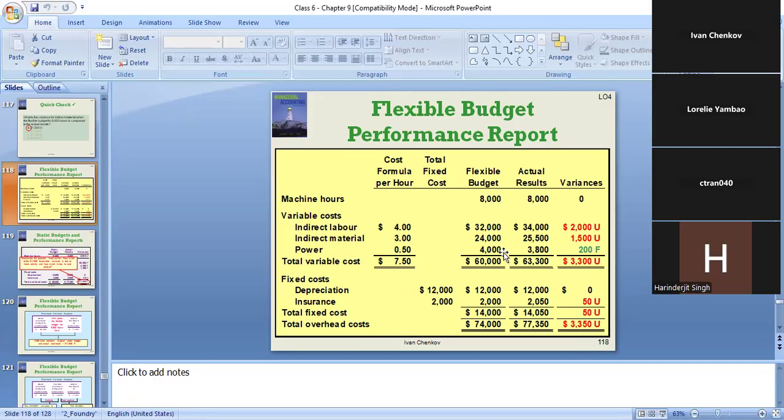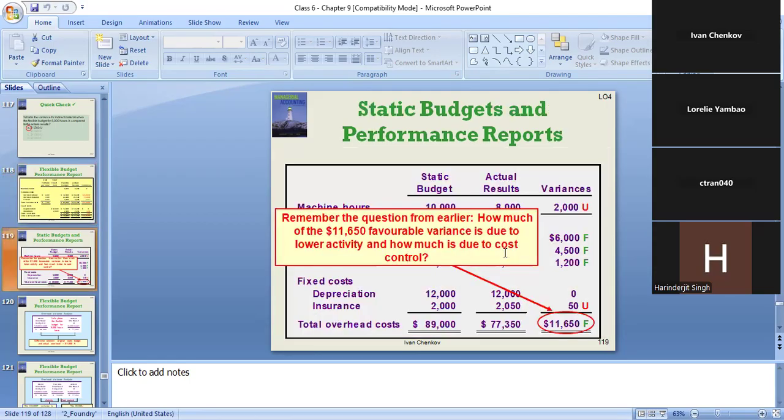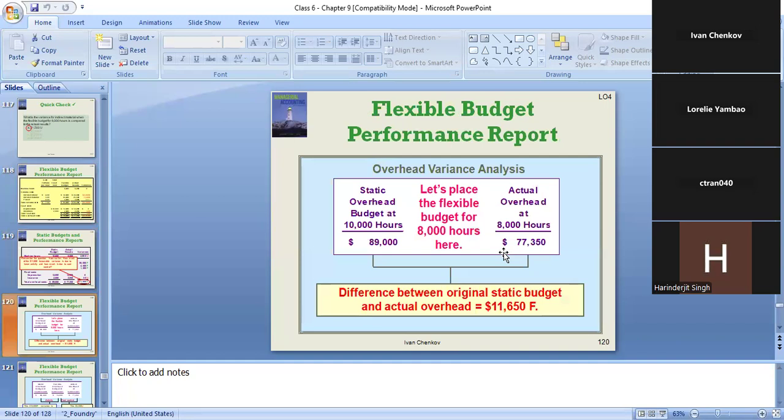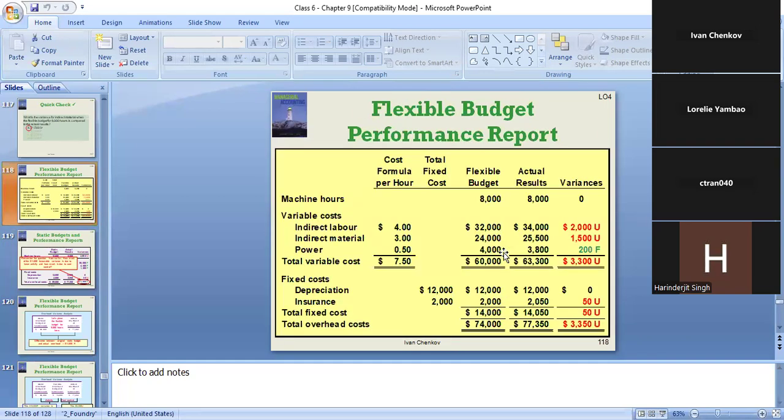Once we move from the static budget into the flexible budget for the same level of activity, then we can compare the actual numbers with the budget numbers and find the differences. And as we can see, from $11,600 favorable, we move to $3,350 unfavorable.